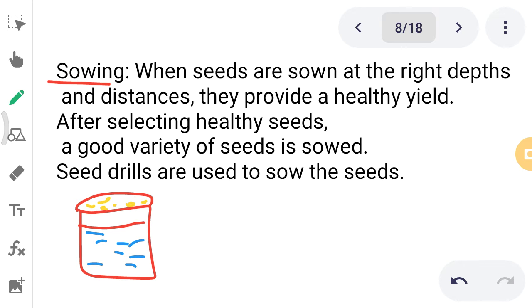All the healthy seeds sink into the water. They move towards the bottom of the water, whereas the unhealthy seeds remain on the top. So they drain these seeds along with the water and they dry the healthy seeds. This is the process of selecting healthy seeds.